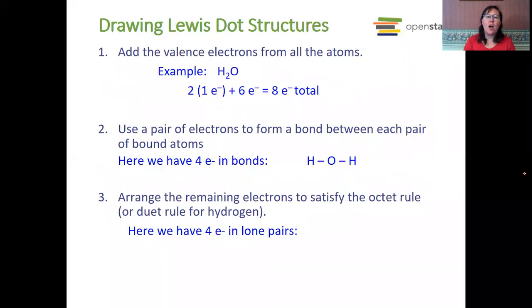Okay, so let's look at drawing Lewis dot structures. And the simplest Lewis dot structure that we can build is water. The first thing that we want to do is add up all of our valence electrons. So each hydrogen gives us 1, and there's 2 of them. And there's 6 electrons for the oxygen, and that gives us 8 total.